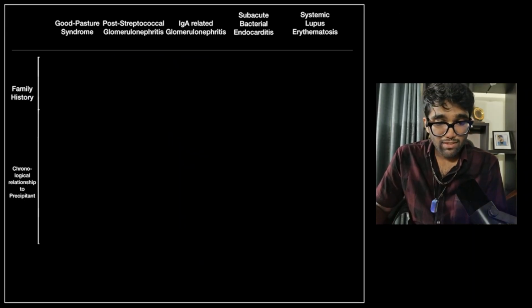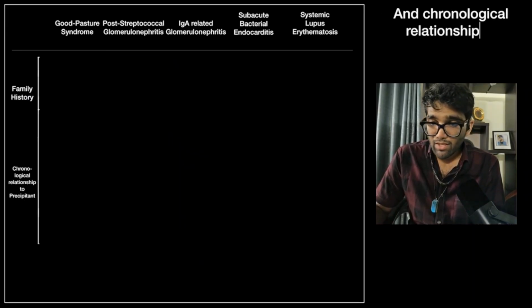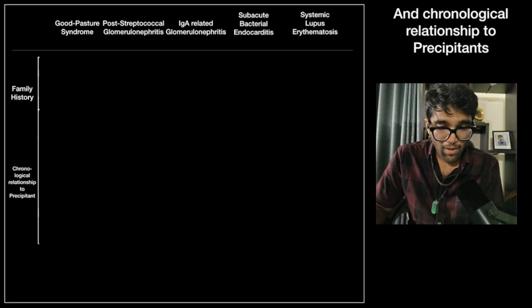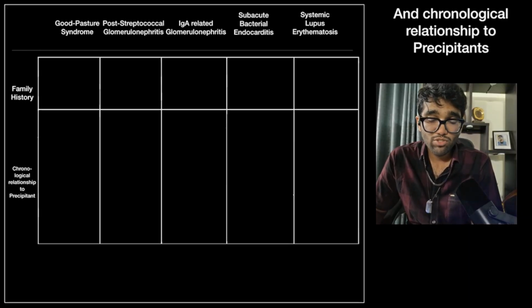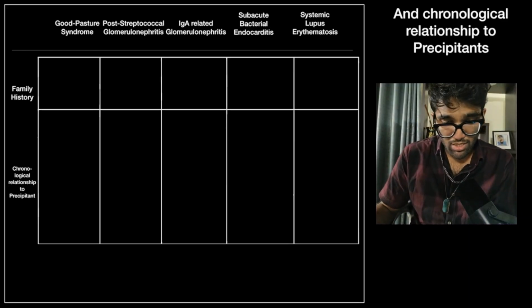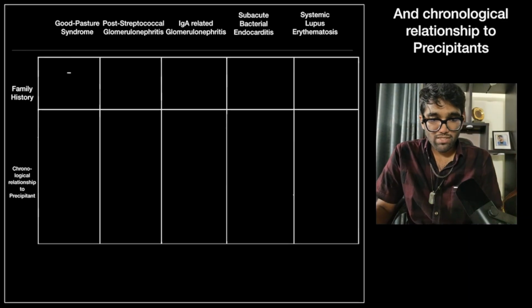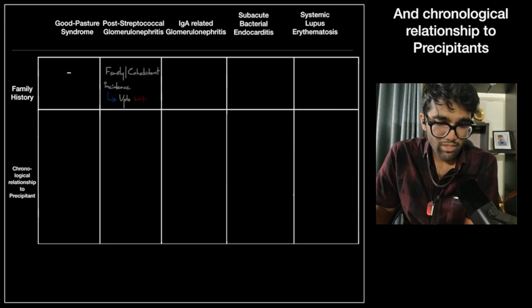Okay. Now let's talk about the family associations, and the chronological relationship of the development of glomerulonephritis to exposure to particular precipitants or triggers. So, in case of Goodpasture syndrome, there is no significant family history.